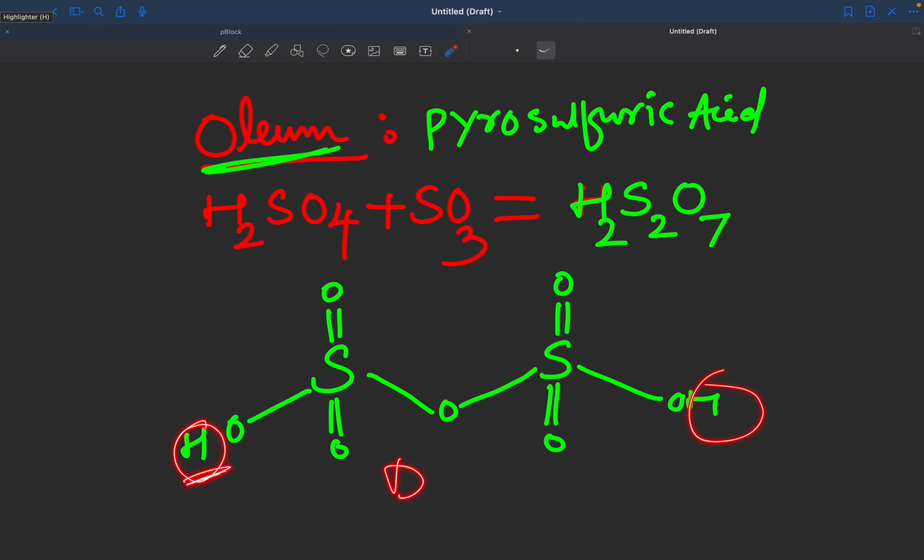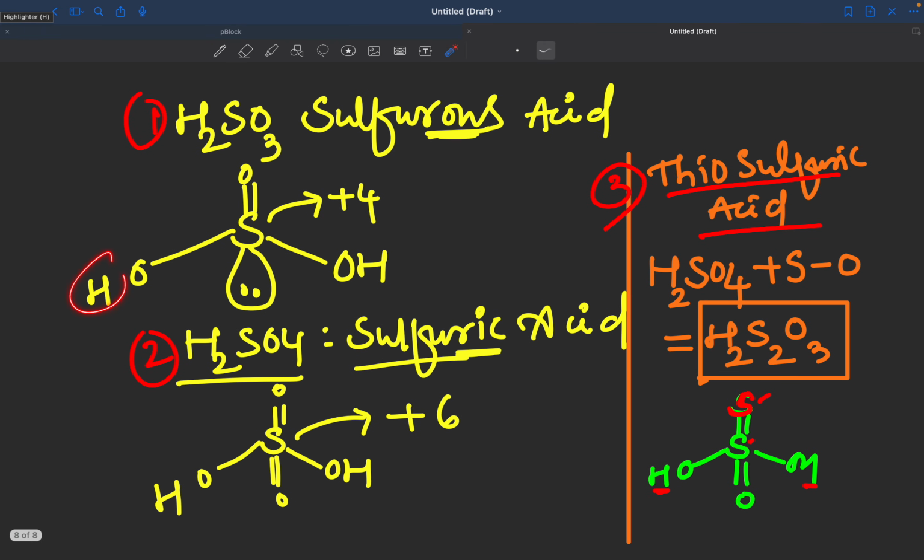That's why all the sulfur acids are dibasic acids. You can replace two hydrogens from them. Here you get two hydrogens in sulfurous acid, in sulfuric acid also two hydrogens, in thiosulfuric acid also two hydrogens.